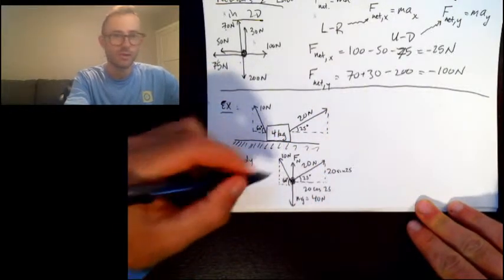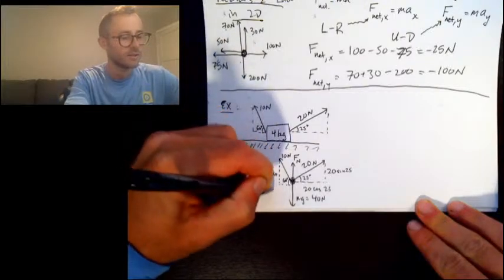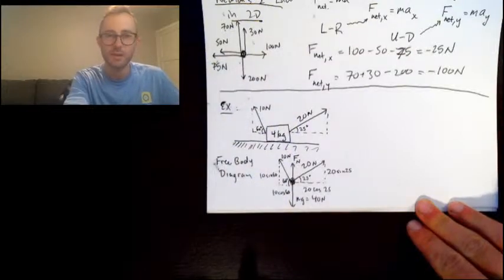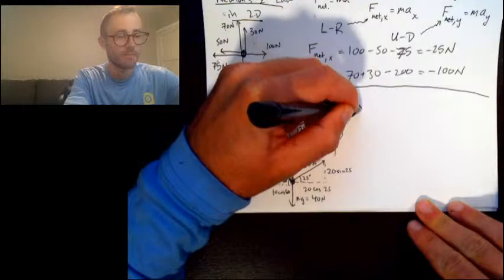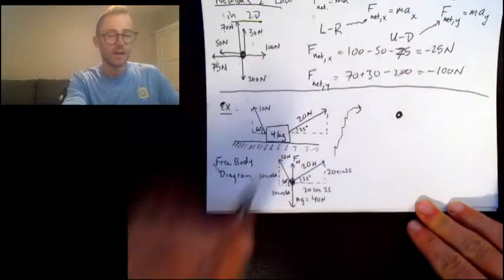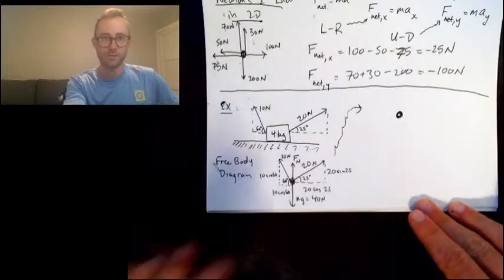For this force, we're going to have 10 sine of 60 and 10 cosine of 60. Okay? So I'm going to actually redraw the free body diagram with those diagonal forces rewritten as a vertical force and a horizontal force.